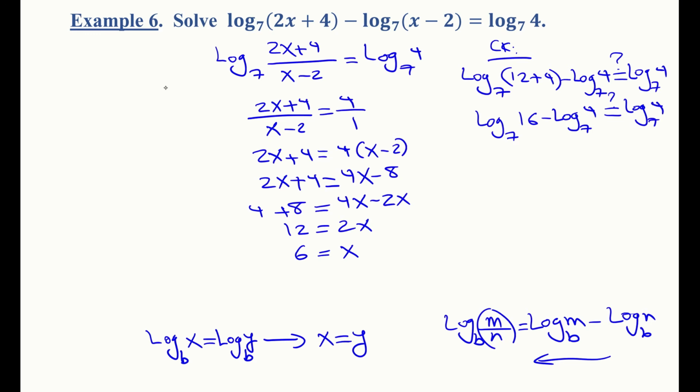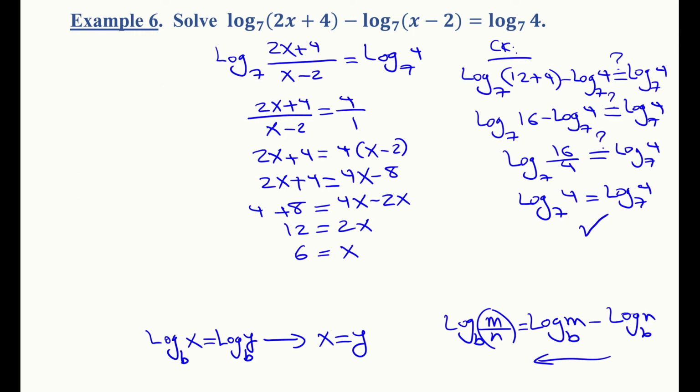On the left side, applying the quotient rule gives us log base 7 of 16 over 4. Of course, 16 over 4 is 4, so we end up with log base 7 of 4 equals log base 7 of 4, which is an identity. It is true. We don't need a question mark anymore. It's been verified, so we can write the solution set, which is the set containing the number 6.